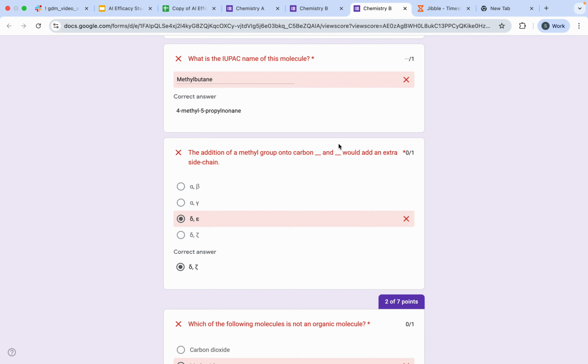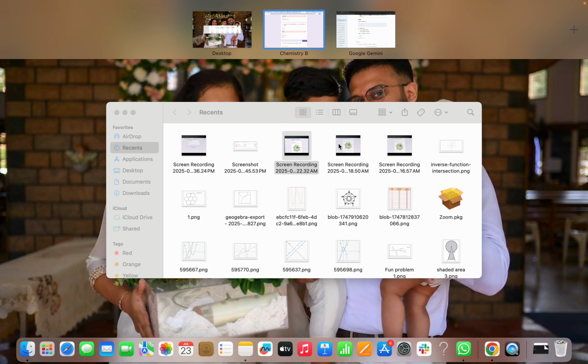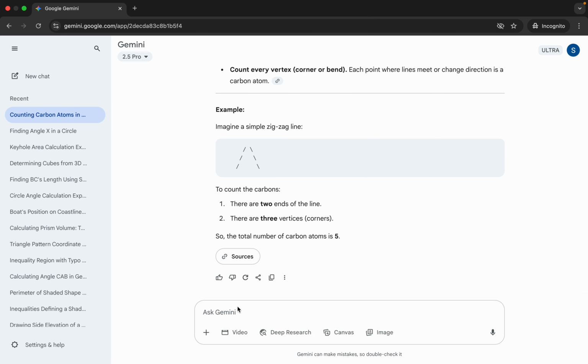Let's search for that. What do you mean by IUPAC rule on naming straight chain alkanes?